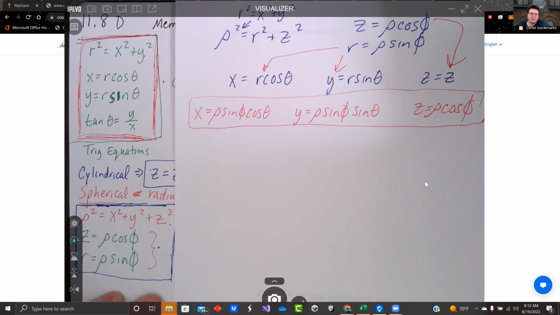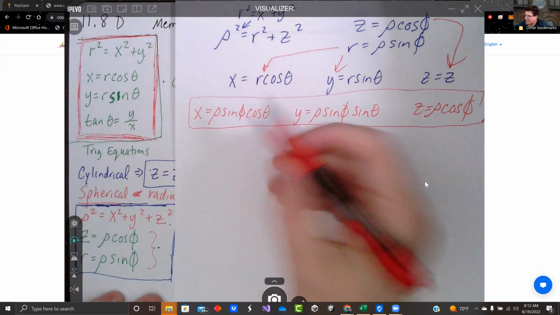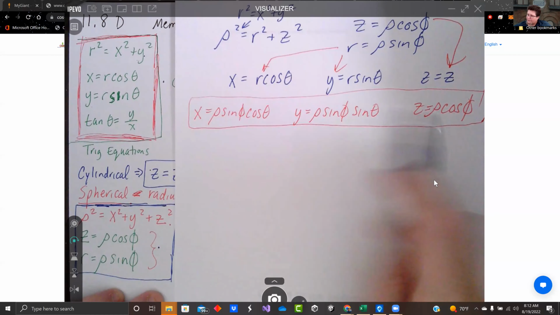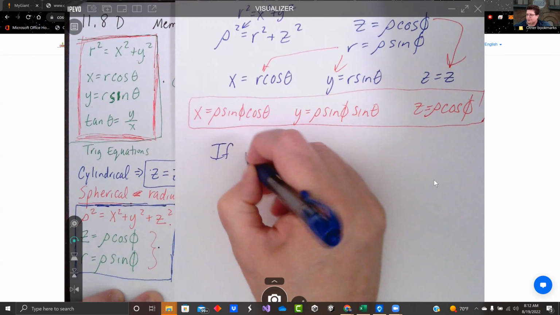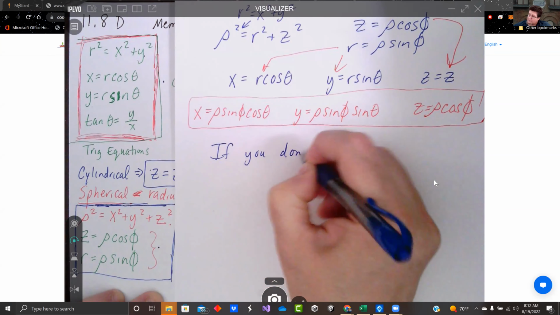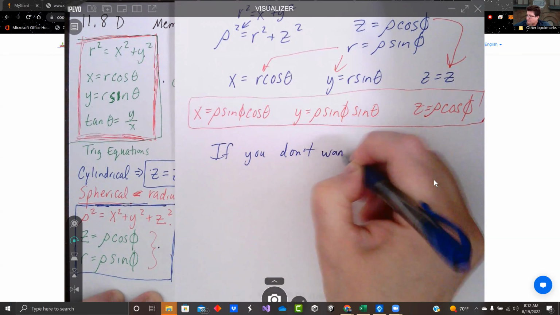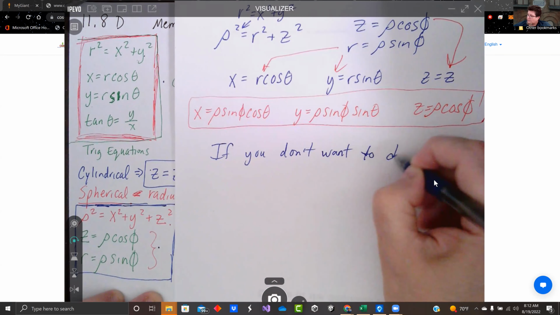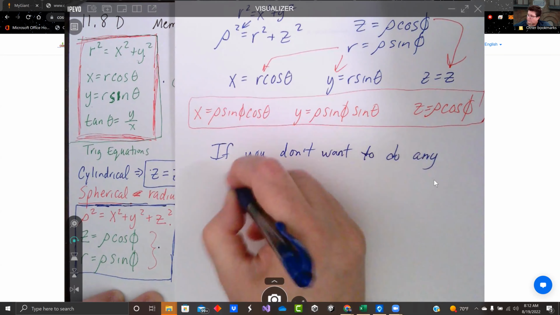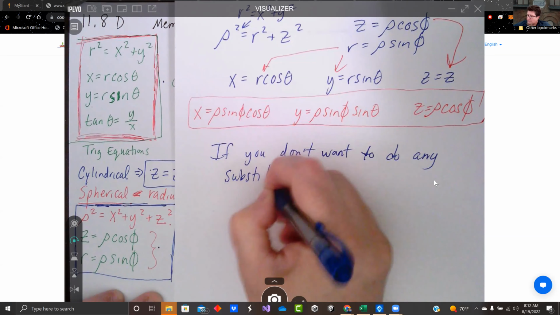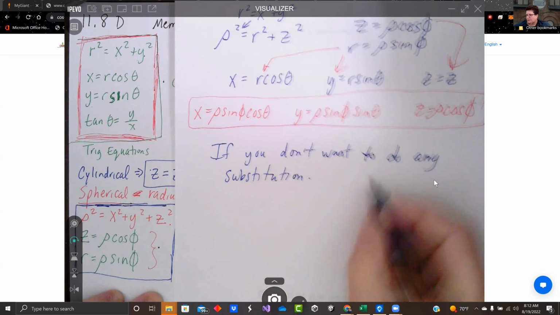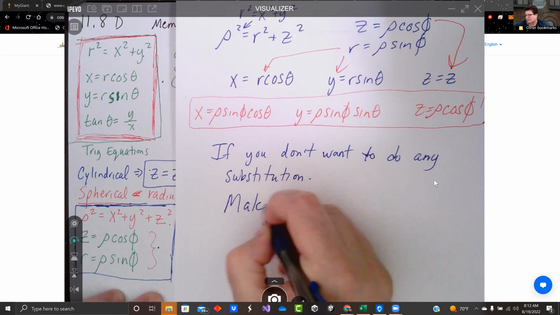Now, if you're one of those who doesn't want to plug stuff in and do that, you can do it the other way. If you really need to know them all, if you don't want to do any substitution, make flashcards.